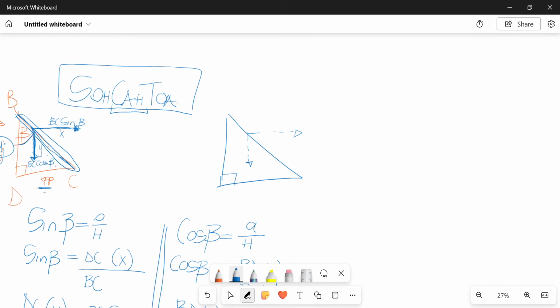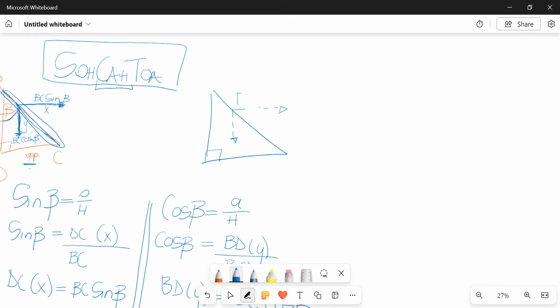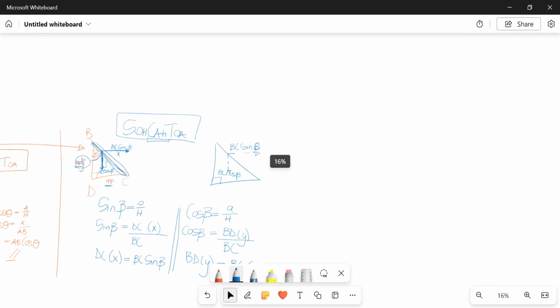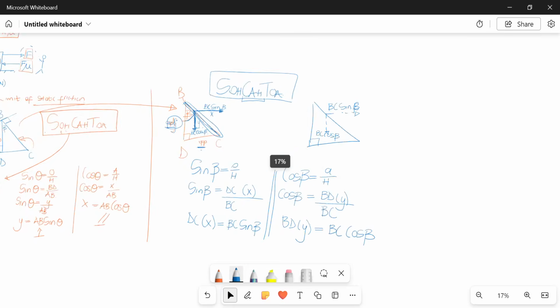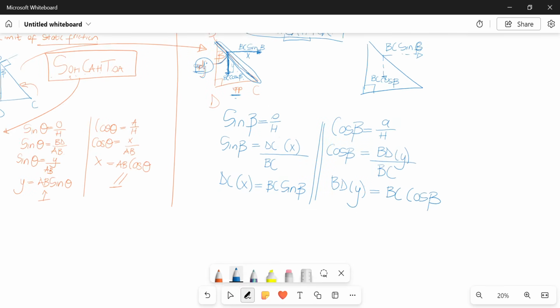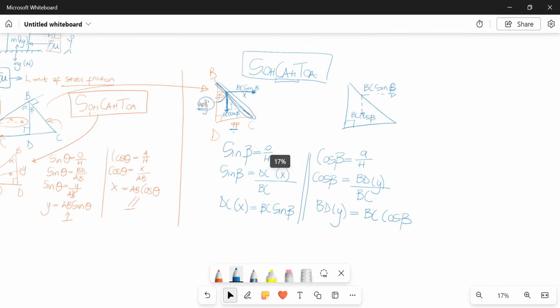Alright, so this is why. Let's just redraw it neatly. When expressing your components, this became your BC sine, oh it's beta not theta, then this became your BC cos beta. Okay, so now when we put our diagrams back together, and this is where I wanted us to essentially start off. Is there a way to have them both visible?